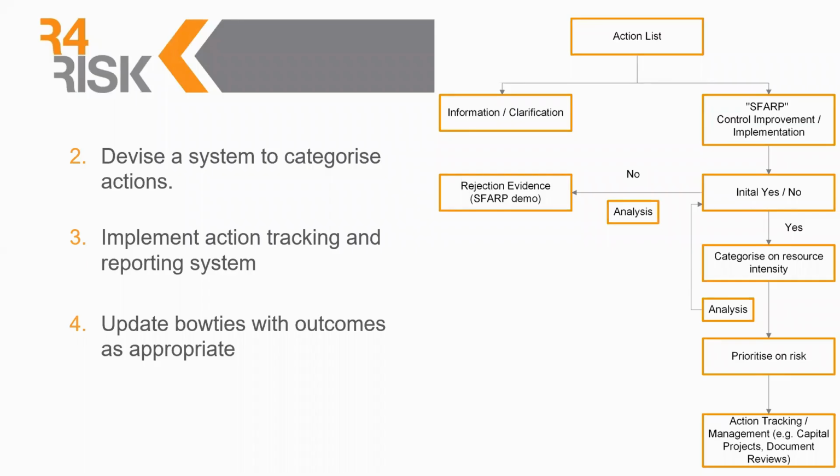So I do have a bit of a process flow diagram here as to how you might achieve some of this. First of all, we have our list, extensive list normally of actions. We want to be able to break these down into our first category of whether they're just information kind of clarification actions, or whether we need to do something a bit more tangible, so control improvement or implementation.